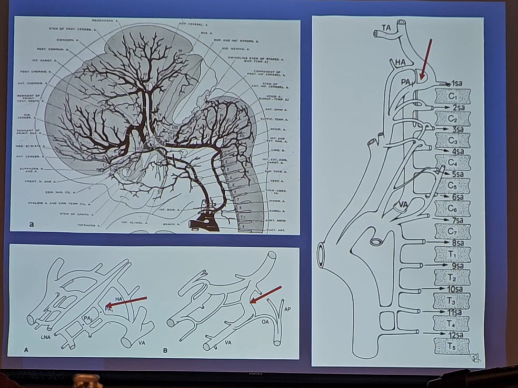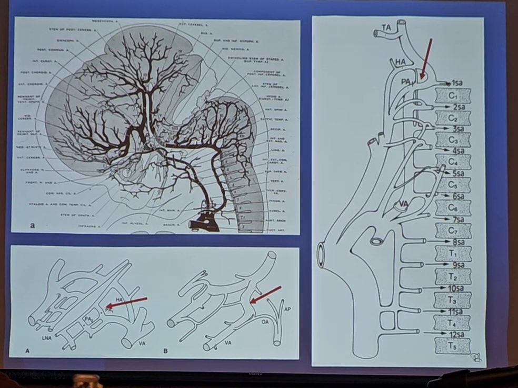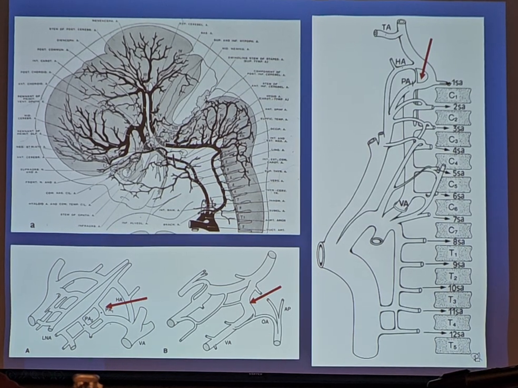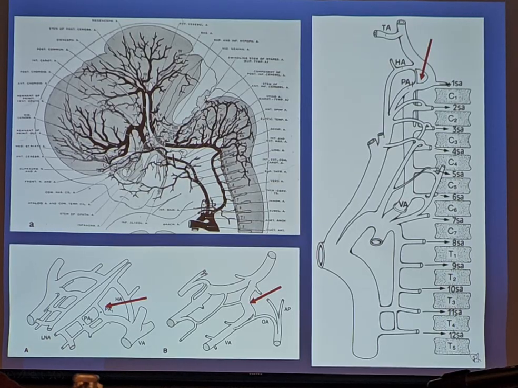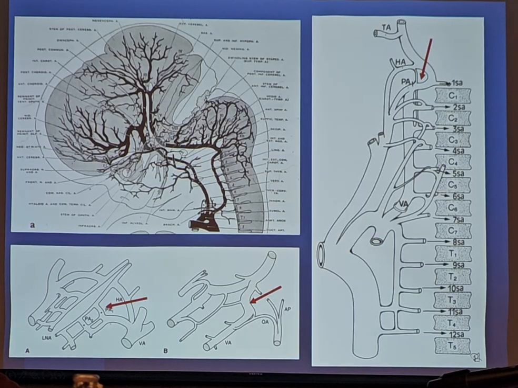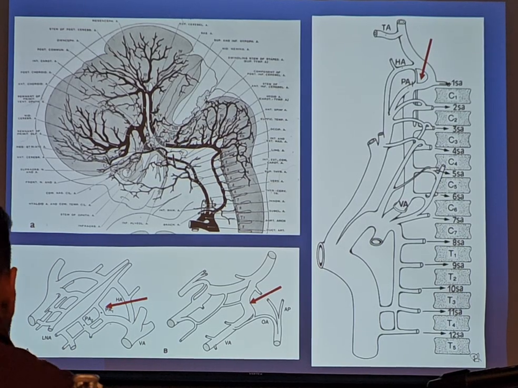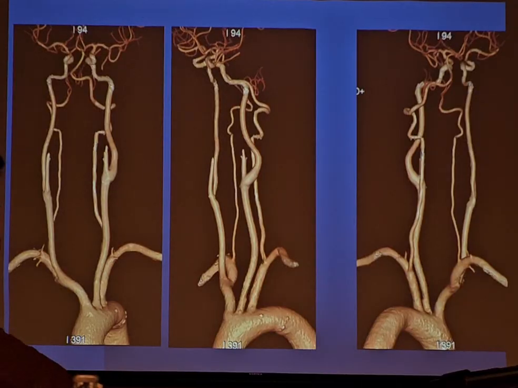The C1 segment of the vertebral artery is coming from proatlantal 1. So that's the development of the vertebral artery.